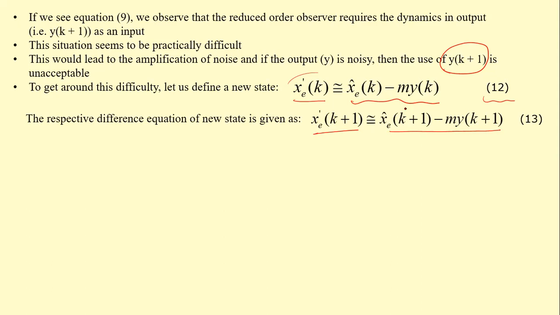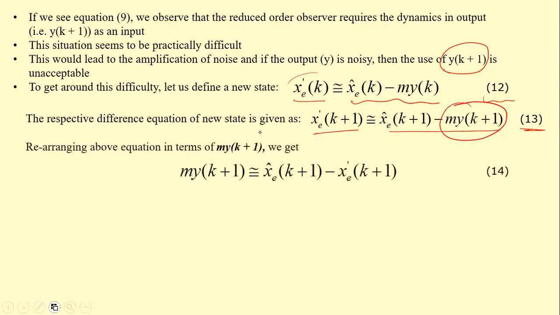Then we rearrange equation number 13 in terms of M y(k+1), where M is a matrix and y(k+1) is the dynamic vector of the output of the system. So we have equation number 14.